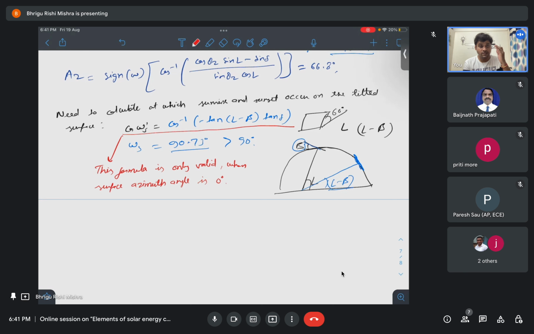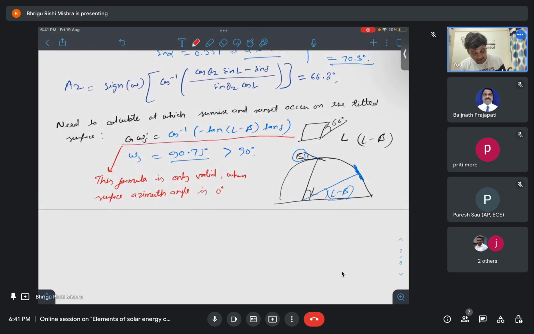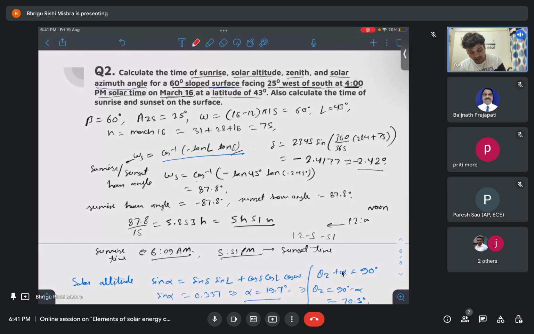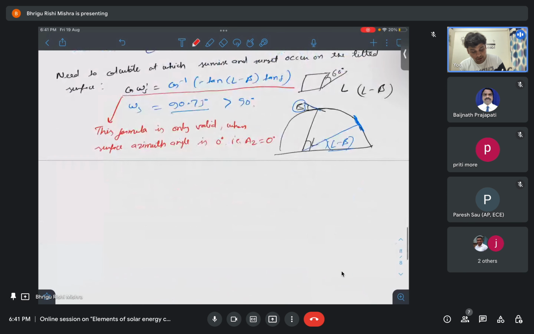That means it is towards the south, and here we don't have surface azimuth angle 0. The surface azimuth angle is given as 25 degrees. Thus we cannot use this formula.